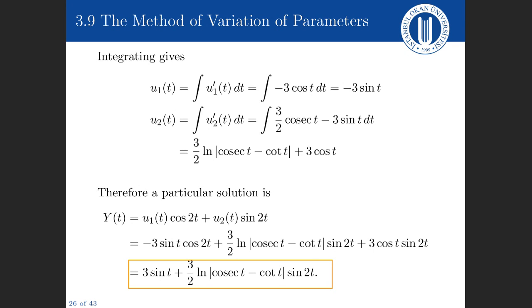Complicated function. Yes, our function was too complicated to use the method of undetermined coefficients, so we needed this more advanced method.